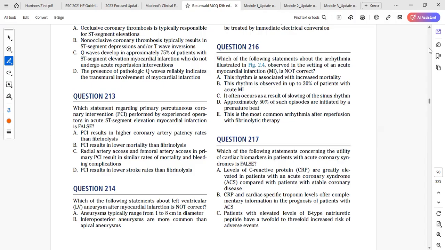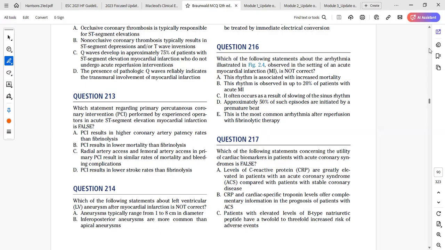However, they are not specific. Other things like chronic kidney disease and sepsis can also cause its elevation. But when we combine this with C-reactive protein, they complement each other and increase the prognostic value of these two markers.